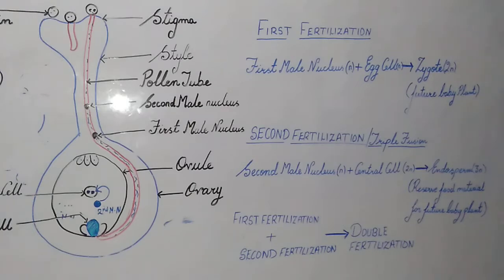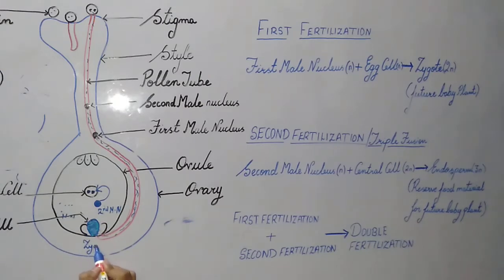Now, what is this endosperm? ये एंडोस्पर्म क्या होता है and why is this required? Endosperm is actually the reserve food material for the future baby plant. Remember, I told you that after first fertilization, the zygote that is formed is going to become the future baby plant. Once it is fertilized, it is said to be zygote.